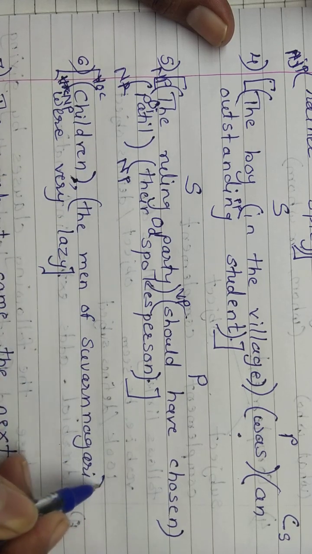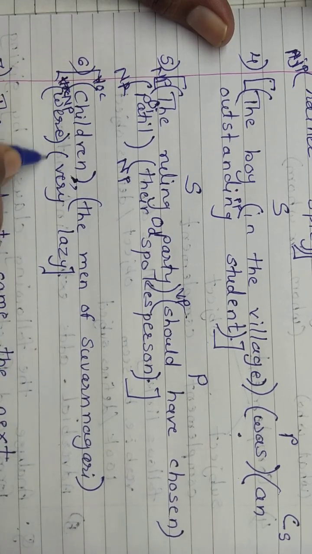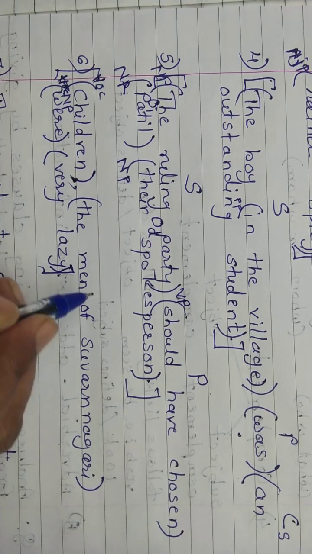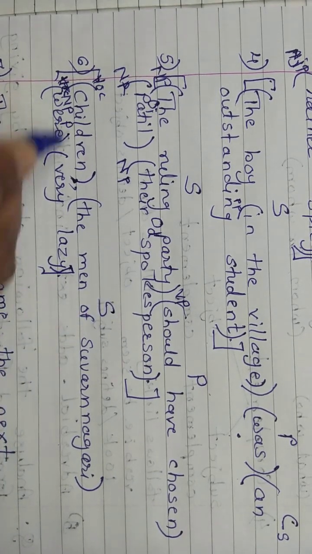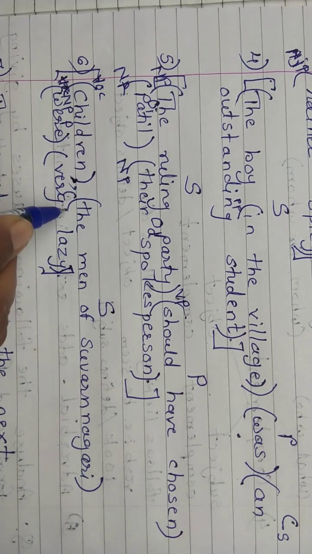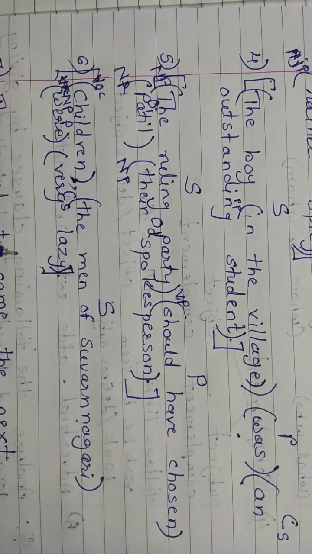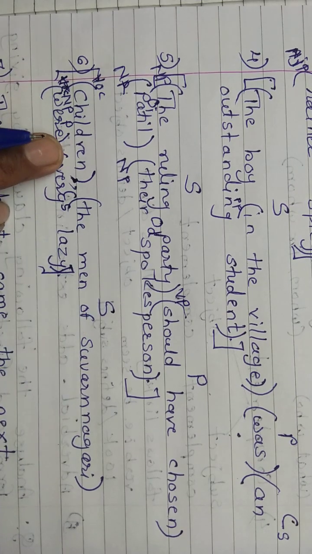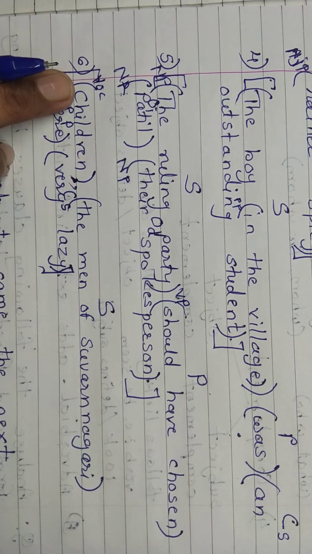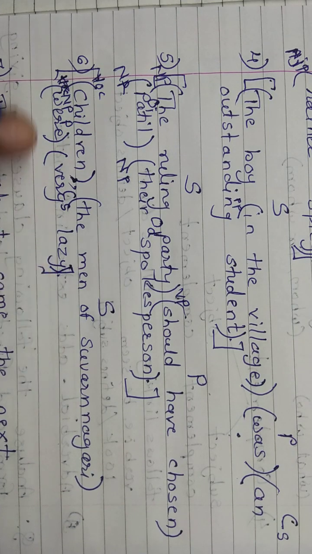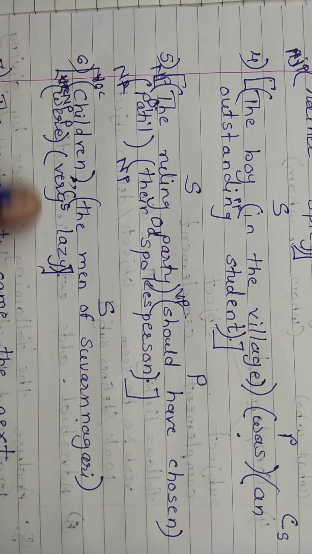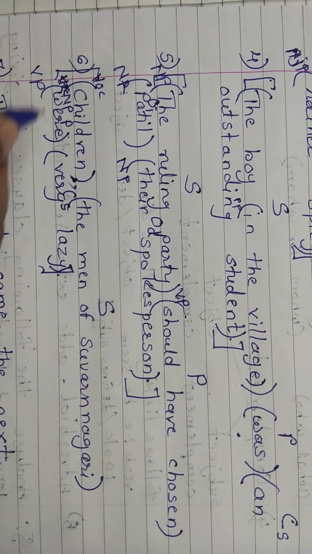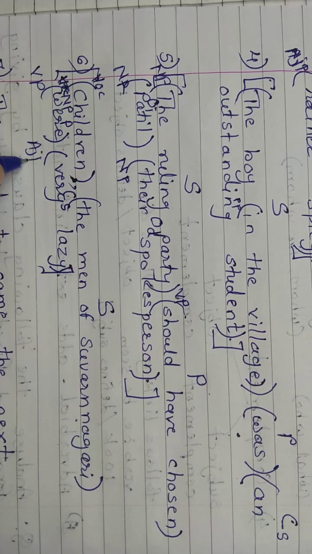The men of Suvarnanagari were very lazy. S P, complement, again subject complement. The men of Suvarnanagari is the subject, not children. Children are being addressed here. Very lazy: verb phrase and adjective phrase.